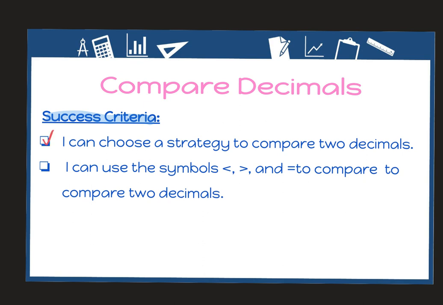Can you use the symbols less than, greater than, and equal to compare two decimals? If you can check both boxes, find a partner and start working on the Try It practice.